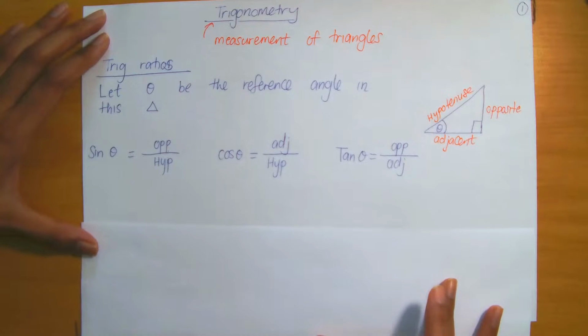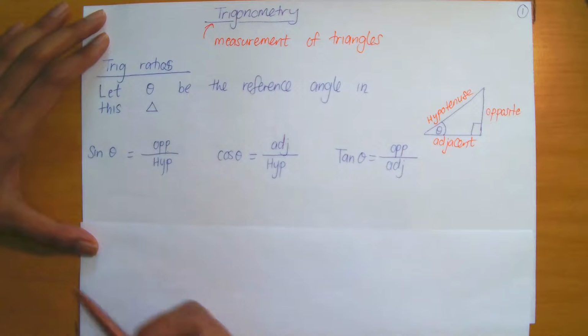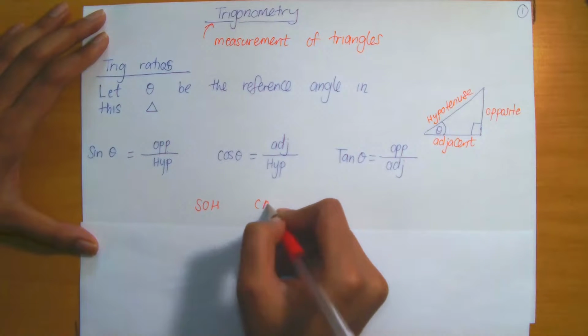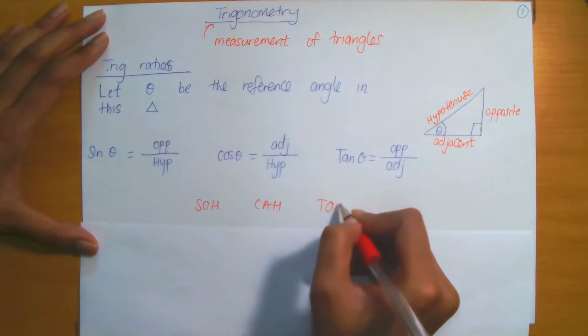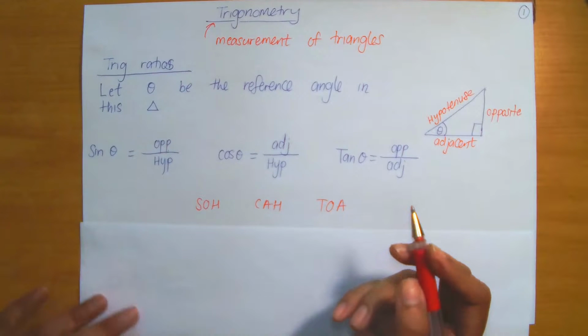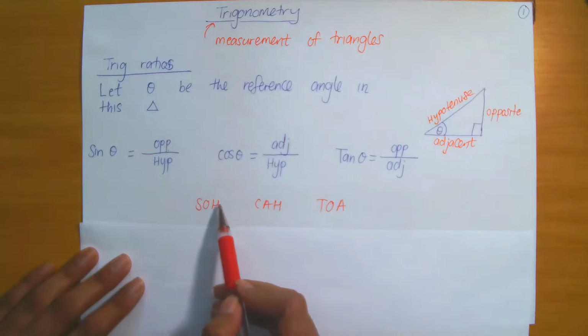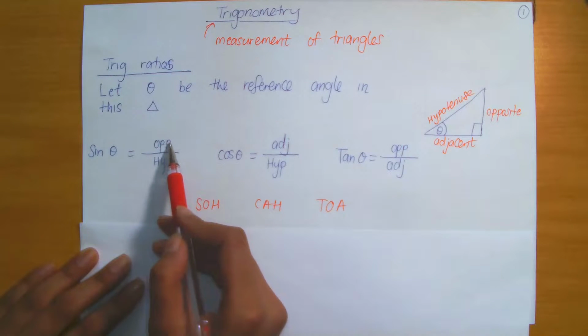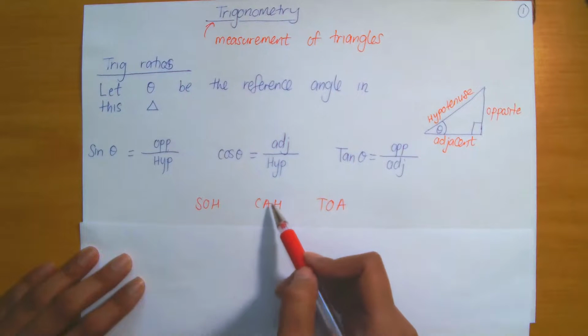Now you may say it might be difficult to remember these three ratios. It turns out that we have a very good acronym or slogan for this, and that is SOHCAHTOA. So what does this actually say? SOH tells you that sine is opposite over hypotenuse, and that's precisely what's written there.